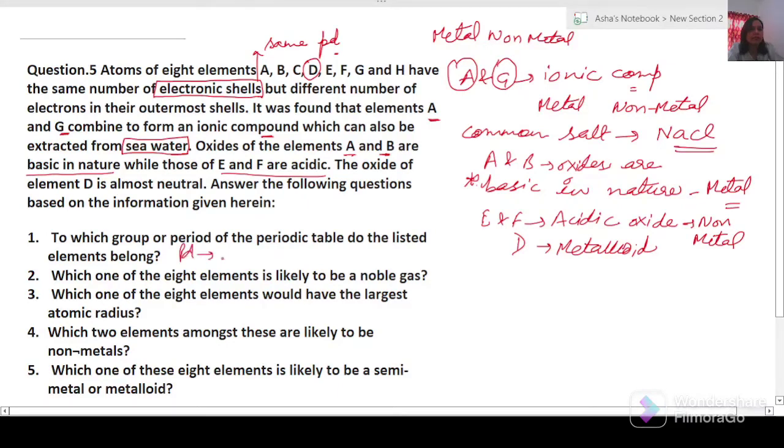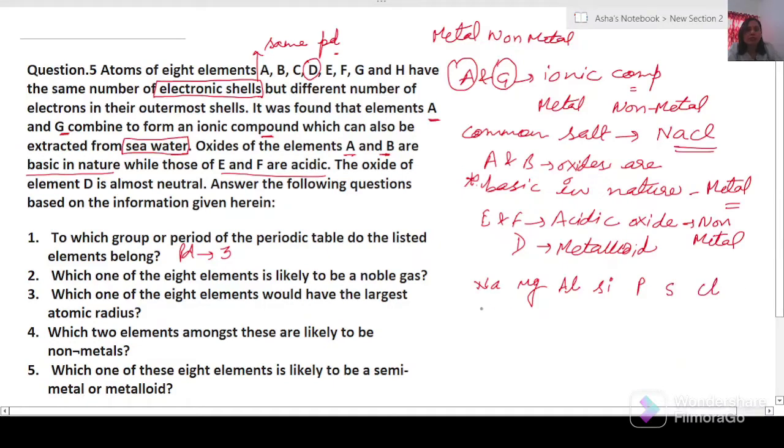It is period 3, which will start with sodium, magnesium, aluminium, silicon, phosphorus, then sulfur, then chlorine.